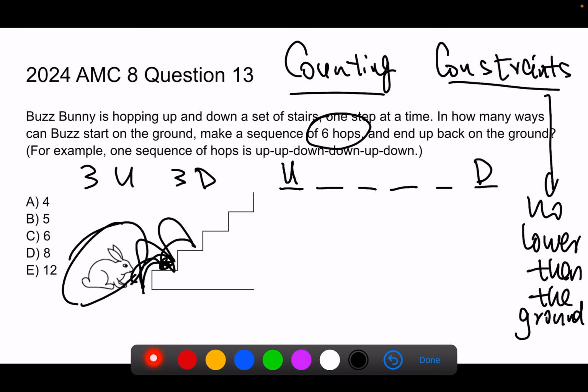The first way to do this is going to be up, up, up, down, down, down. So 3 steps up, 3 steps down. Easy peasy, you're back to the initial position. And let's continue on. So up, up, down, up, down, down.